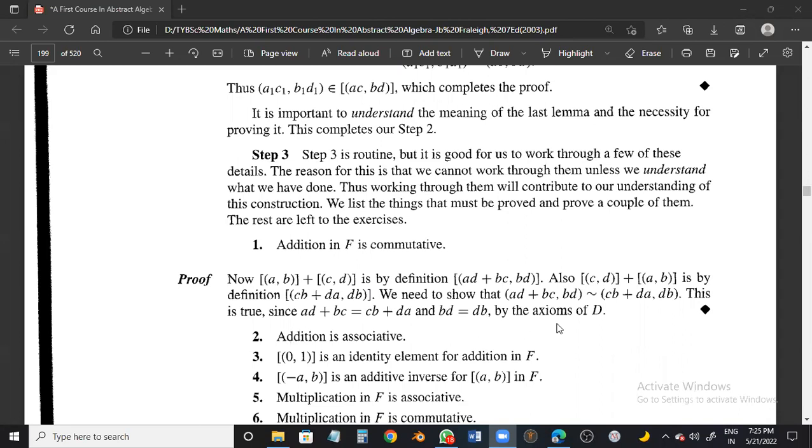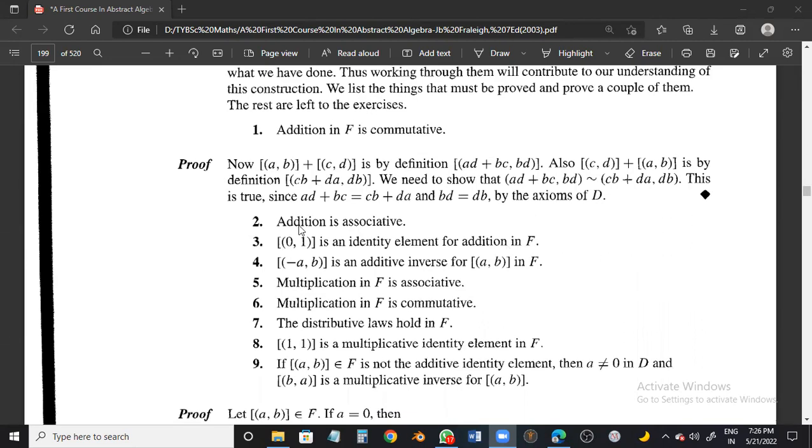Because D is an integral domain. So what is an integral domain? A commutative ring with unity without zero divisors. I repeat, a commutative ring with unity without zero divisors. So here you got commutativity. AD you can write as DA, BC you can write as CB, and you get the same result as the earlier one. Followed me?